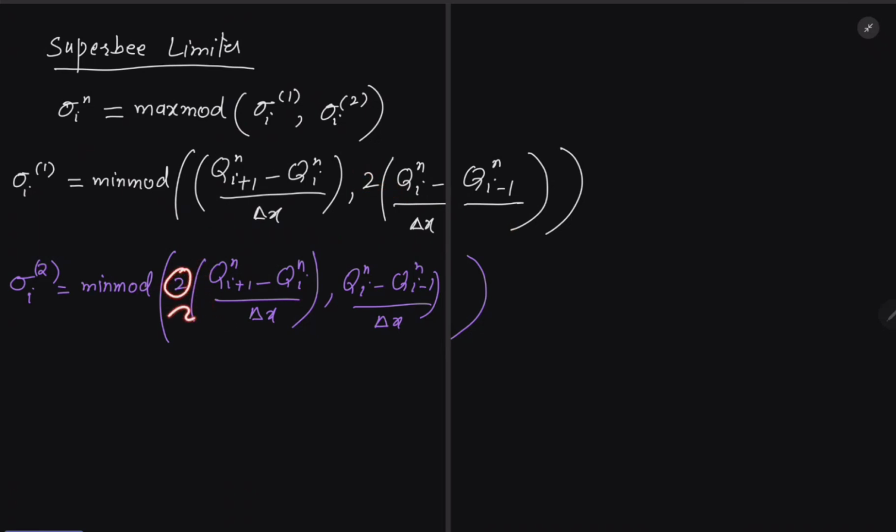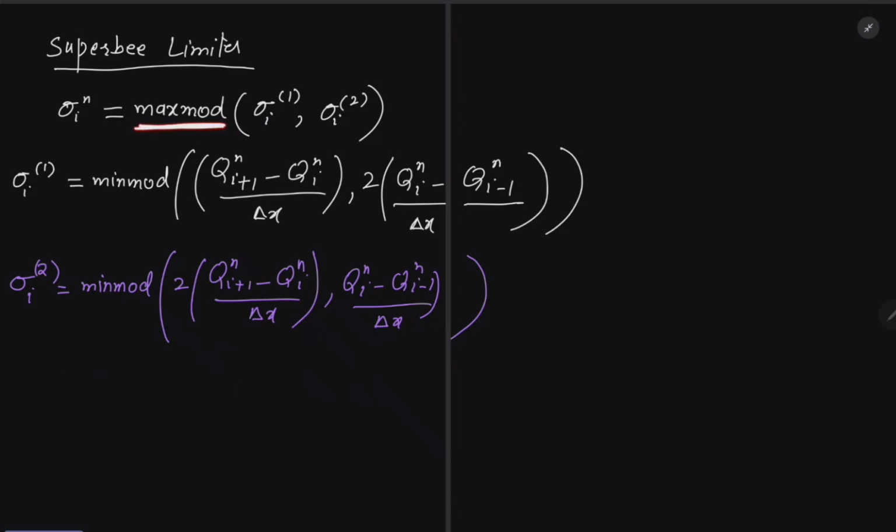The reason is it wants to create a higher order method. Although remember that minmod also increases the order of a numerical method. All the limiters actually increase the order of a method. So that's how we define the Superbee limiter.